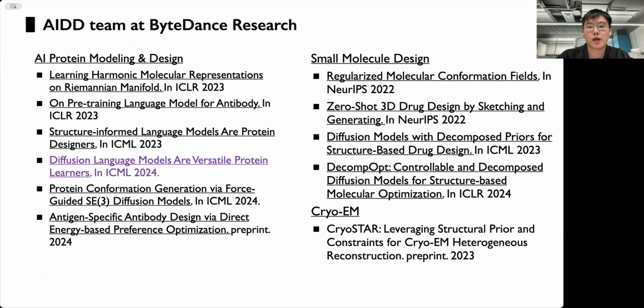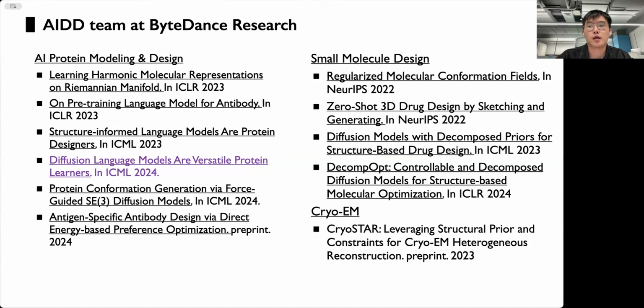We are from the AIDD team at ByteDance Research, which stands for AI for drug discovery, and we are doing fundamental research on AI for drug discovery, especially for proteins.